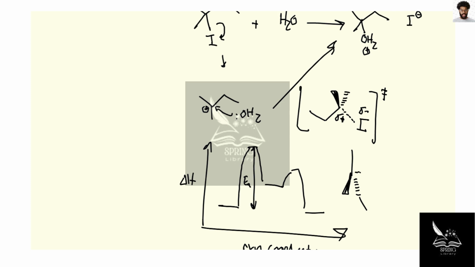And we should show water coming in. This water is not partially negative. It's partially positive because it becomes partially positive. And this carbon goes from being partially positive to neutral, so it should be partially positive. And we'll need a positive sign up there.